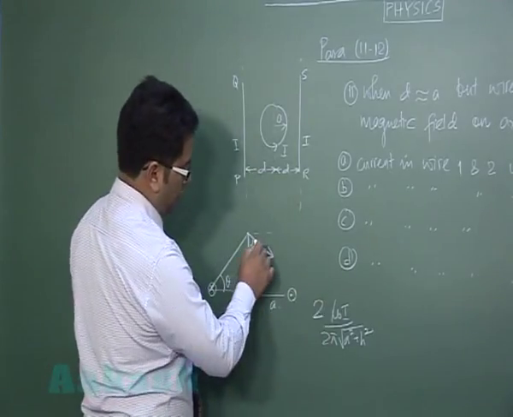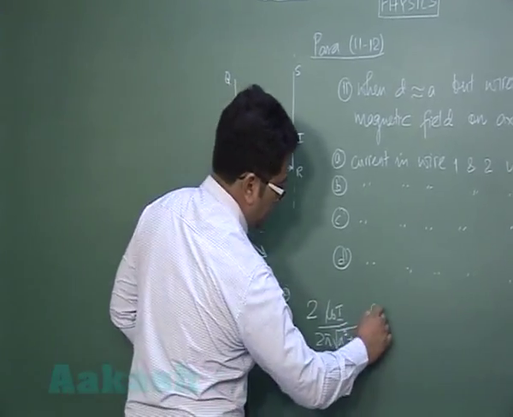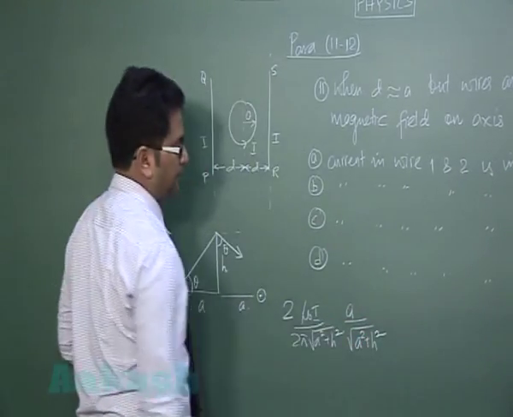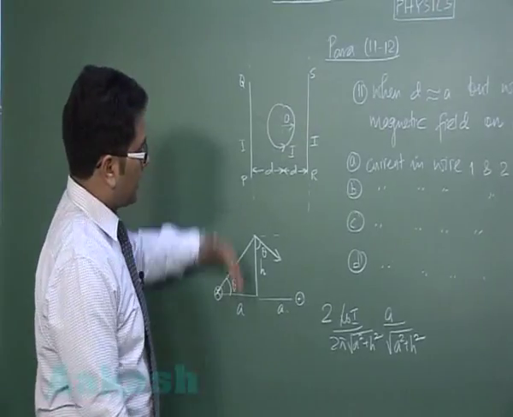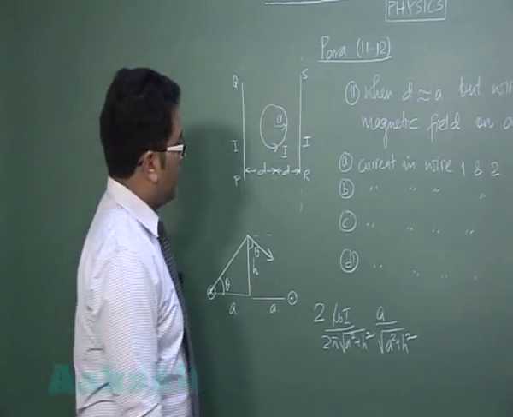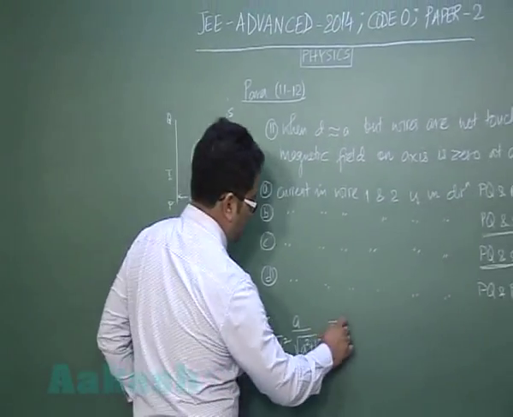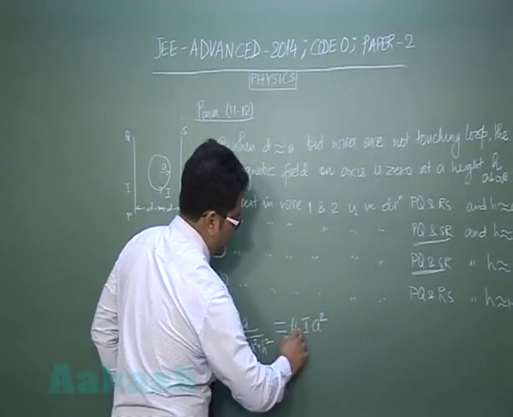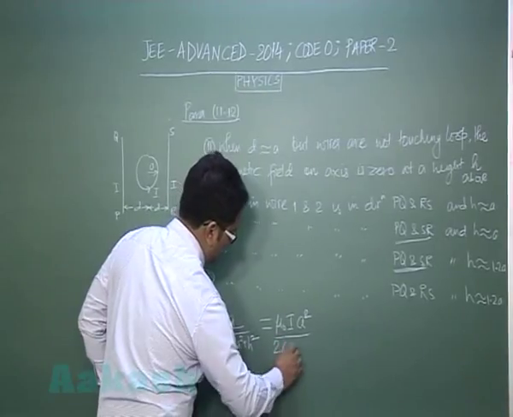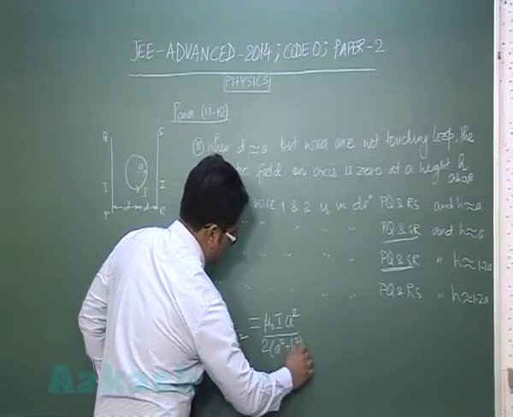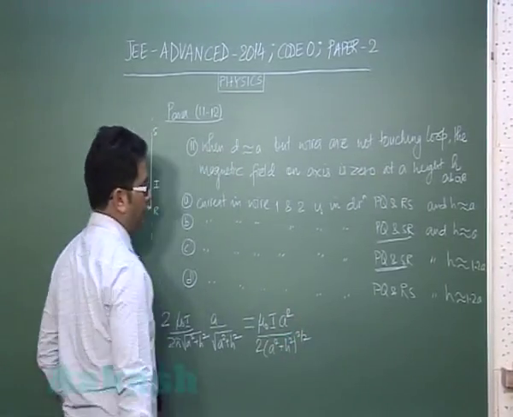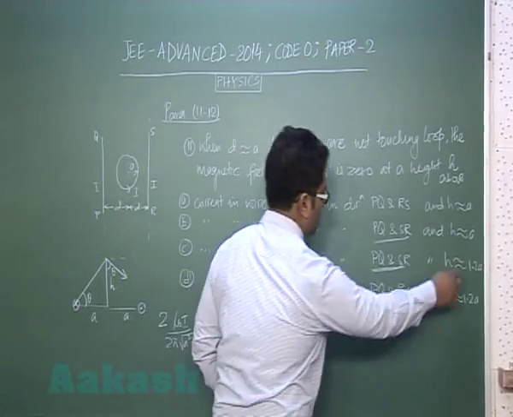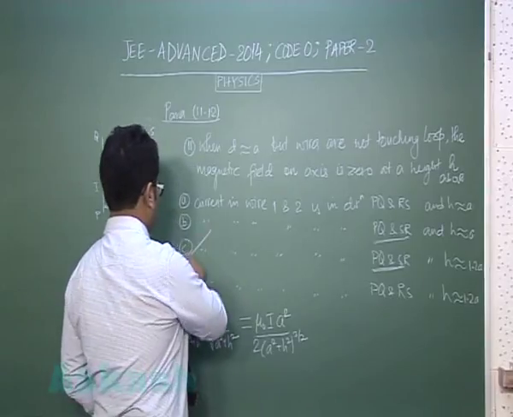So 2 cos theta, where cos theta would be a by root a square plus h square. That's a net field down due to this, and that has to be exactly nullified by the field due to the ring, mu naught I a square by 2 times a square plus h square to the power 3 by 2. And it's a very simple calculation. H is almost equal to 1.2a, so this will give us option number C.